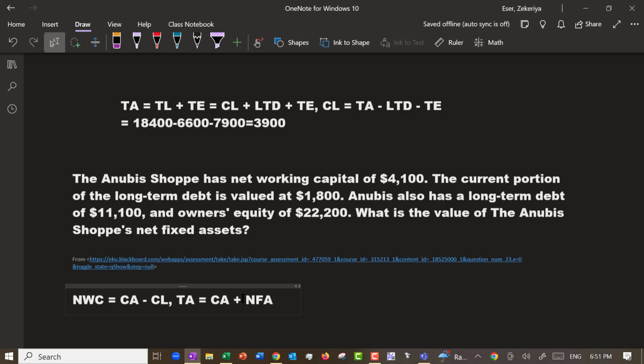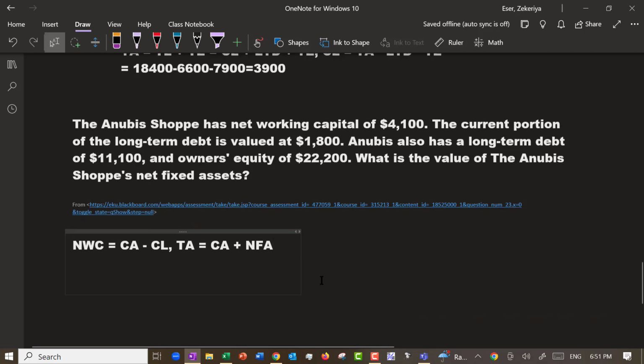So let's kind of think. In terms of liabilities here, total assets is current liabilities plus net long-term debt plus total equity.